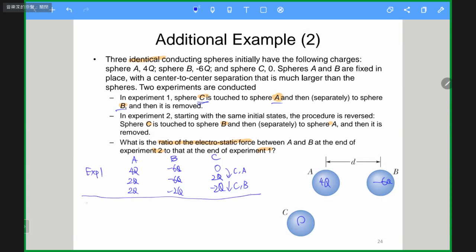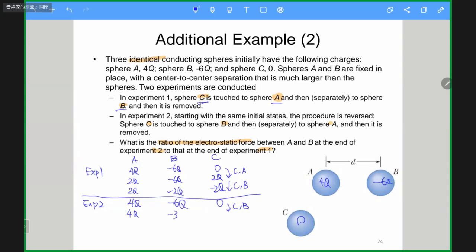For experiment 2, initially it is still 4Q, negative 6Q, 0. Here, we first do C and B touch each other. So A doesn't change, 4Q. And for B and C, negative 6Q plus 0 is negative 6Q, and divided by 2 is negative 3Q.